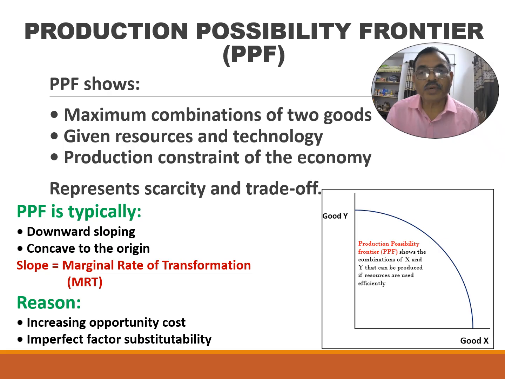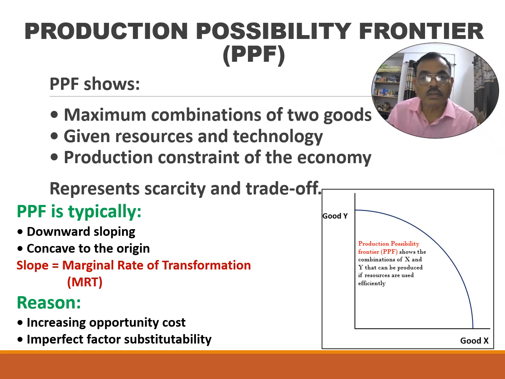It represents the production constraint and it reflects scarcity because resources are limited. If the economy wants to produce more of good X, it must sacrifice some quantity of good Y.